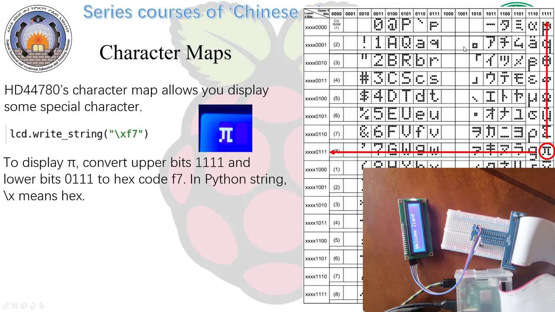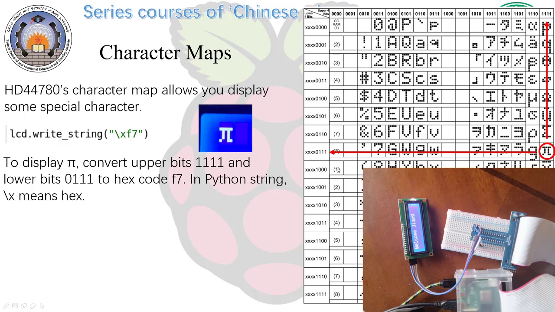For this character map, the upper bits you check are 1111. That means the hex number is F, and the lower bits are 0111, which converts to hex 7. That means in this map, pi's number is F7.